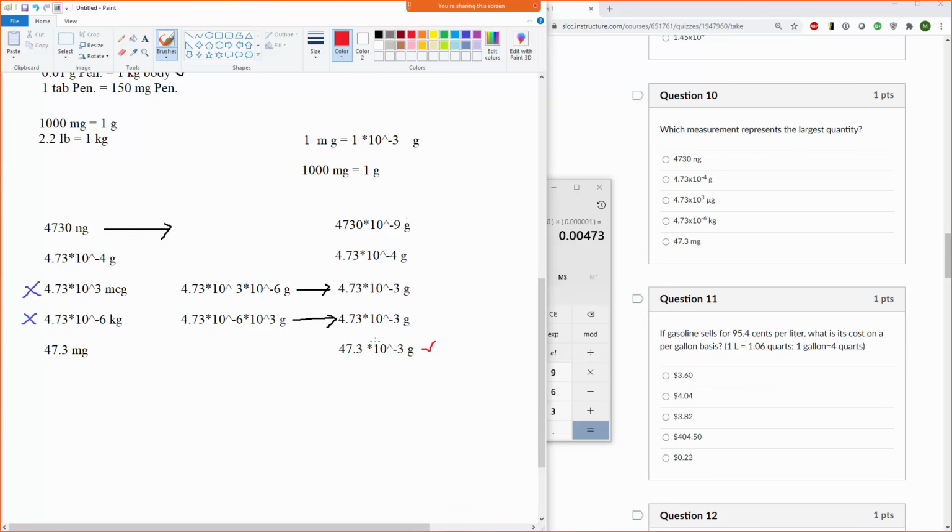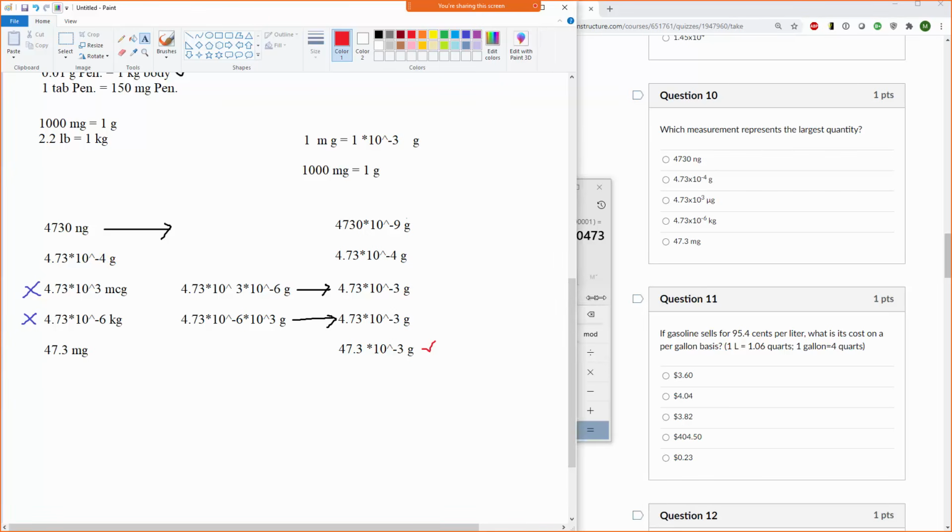So now we need to compare this one versus these two up here. And so we want to have the same exponent number. We could either move everything to 10 to the negative 3, or we could just convert it to straight grams, which maybe you wanted to do since the beginning because you're like, I don't like these prefixes. They look terrible to me.